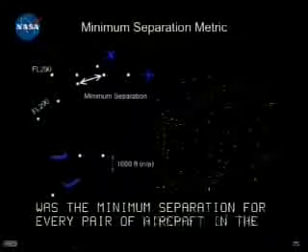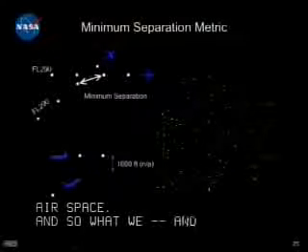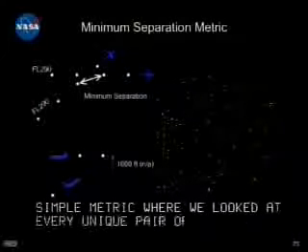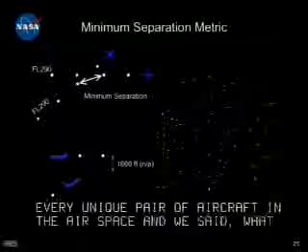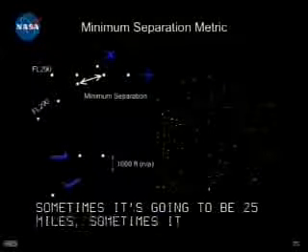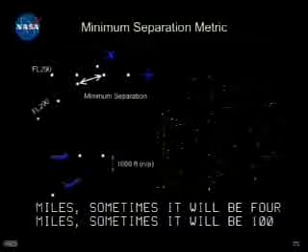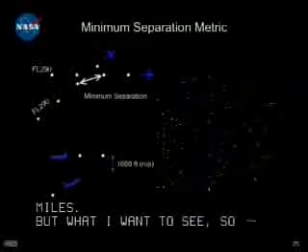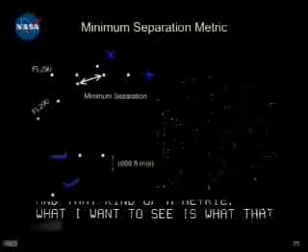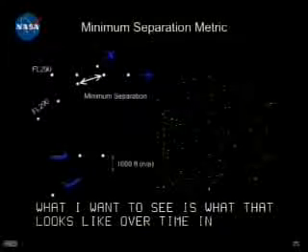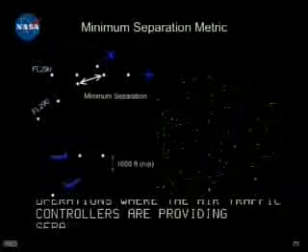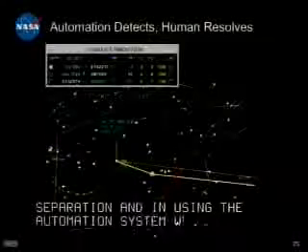So this is a simple metric where we looked at every unique pair of aircraft and asked, what was the minimum separation? Sometimes it's going to be 25 miles, sometimes 4 miles, sometimes 100 miles. But what I want to see is what that looks like over time in today's operations, where the air traffic controllers are providing separation, and using the automation system, where the automation system is providing separation. Next slide.